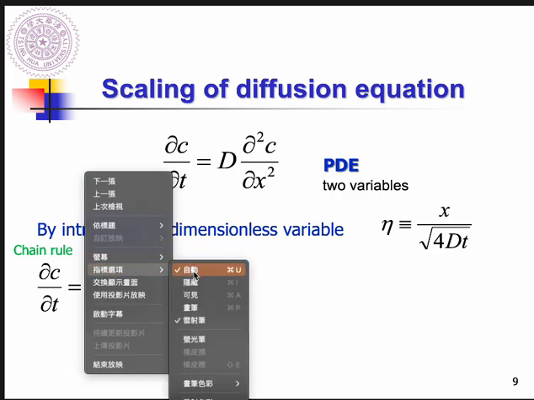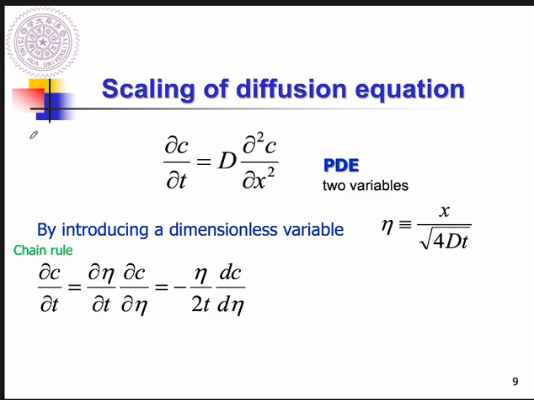What does this mean? The chain rule is: partial c partial t, partial t partial iota, and partial iota partial c equals 1.